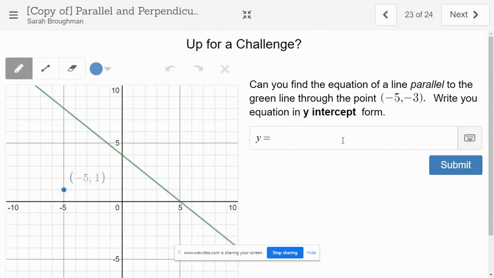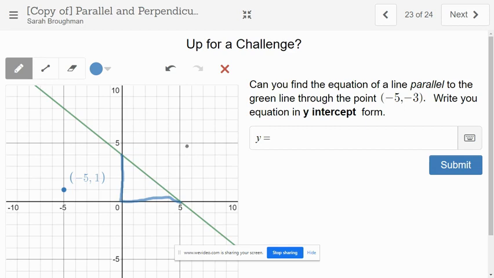So now we want to see if I can find the equation of the line that's parallel that will go through this point here. So I know my slope here is going to be, I'm going down 1, 2, 3, 4. So I'm going down 4, and then over 5.